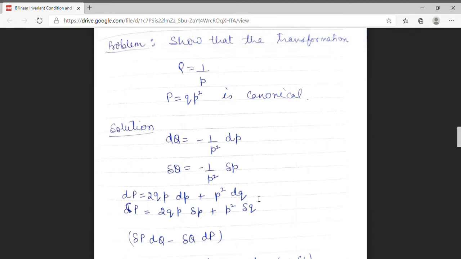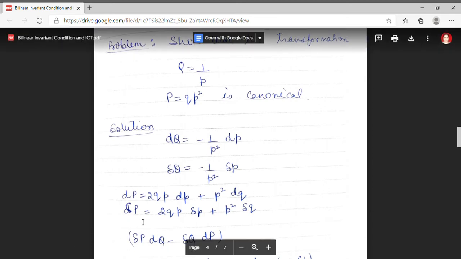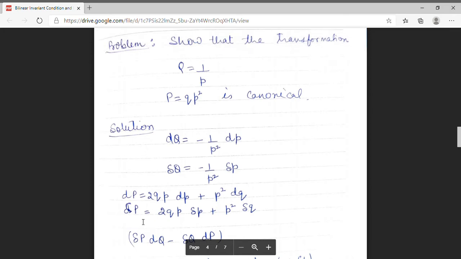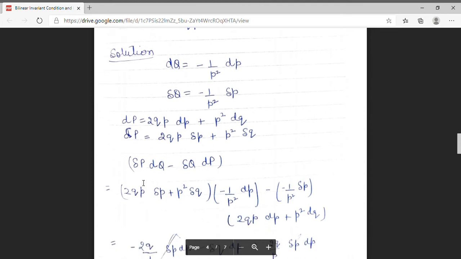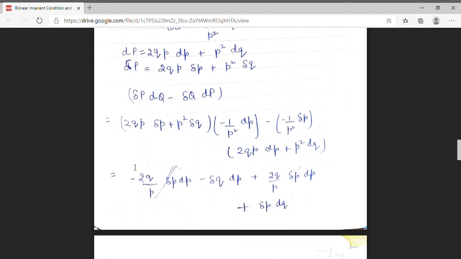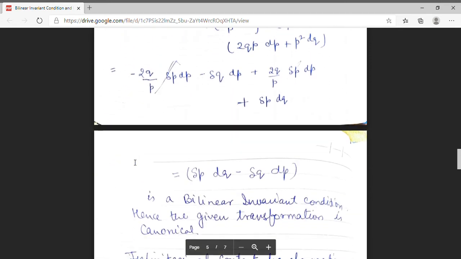Similarly, I have obtained the expression of del P. Now obtaining these values, I am putting them in the bilinear invariant condition. On solving this condition, I get the value del p dq minus del q dp. So this shows that the given transformation is a canonical transformation.